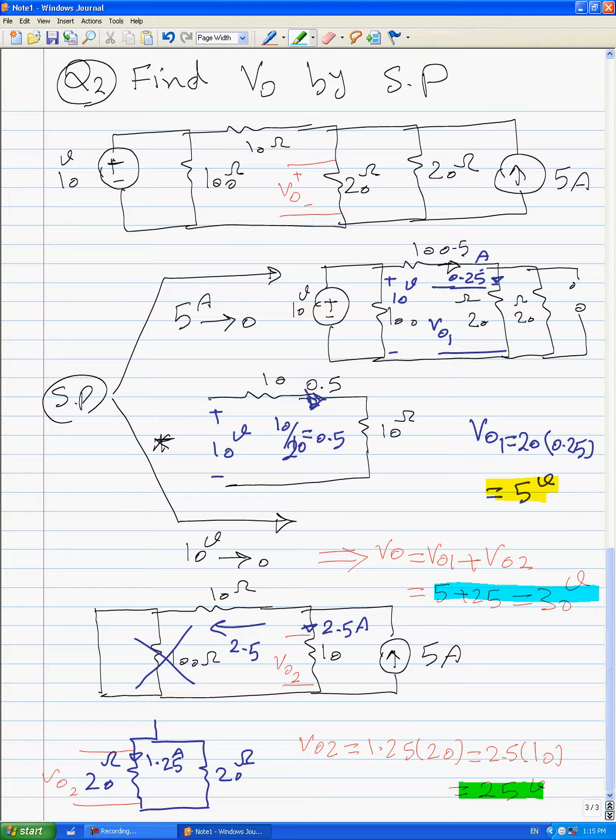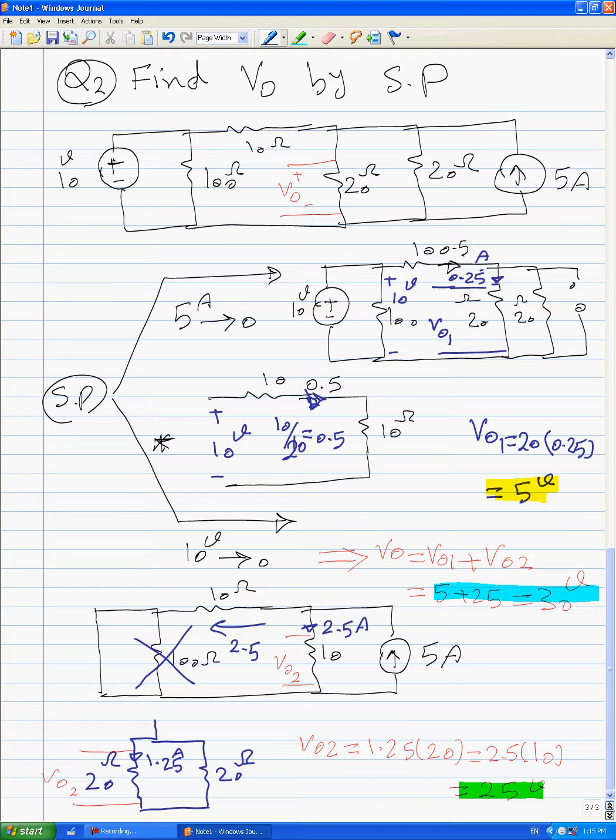And in the second part, we considered 5 amps and changed 10 volts to a short circuit here. And finally, we found the voltage across this 20.